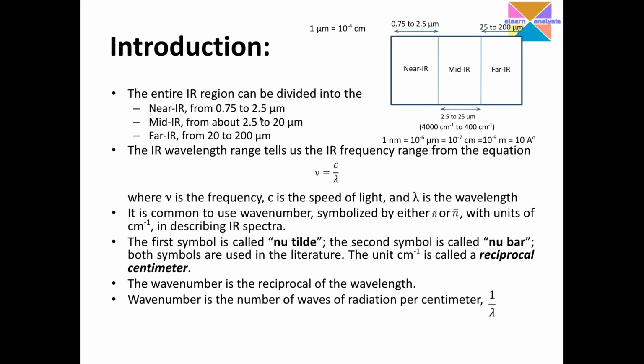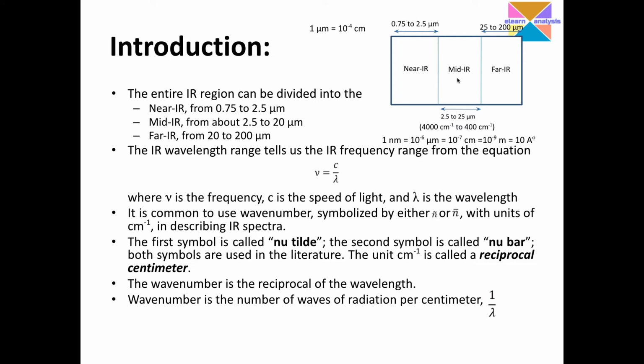The demarcation is from 0.75 to 2.5 micrometer for the near infrared region, from 2.5 to 25 micrometer it is the mid IR region, and from 25 to 200 micrometer it is the far IR region. I am still using micrometer, which is the wavelength. And as I mentioned, the vibrational portion of the infrared region, which is nothing but the mid IR region, is practically more applied in terms of spectroscopy.